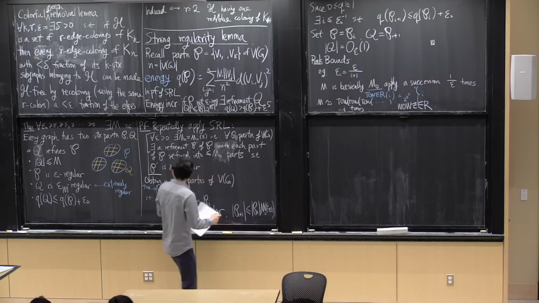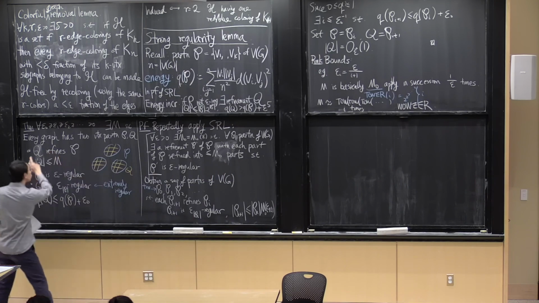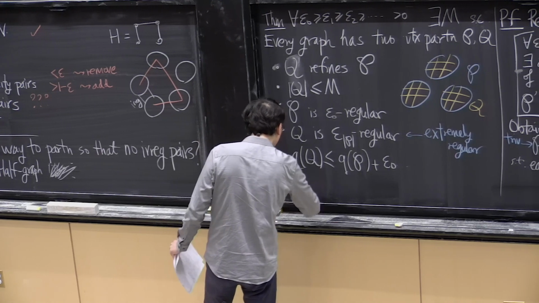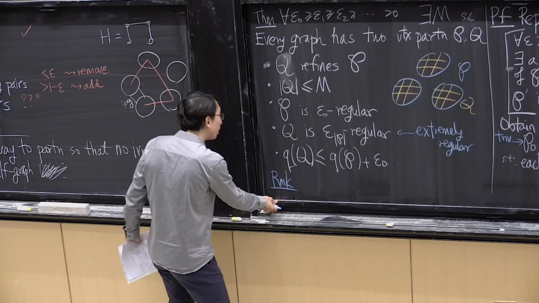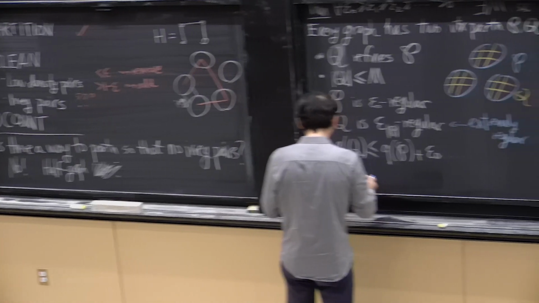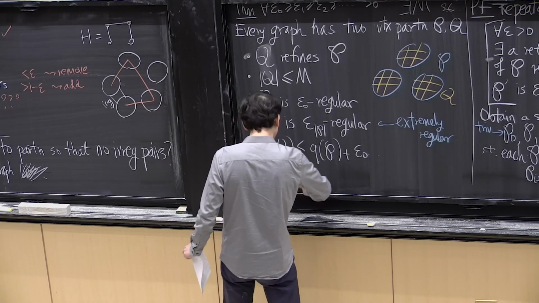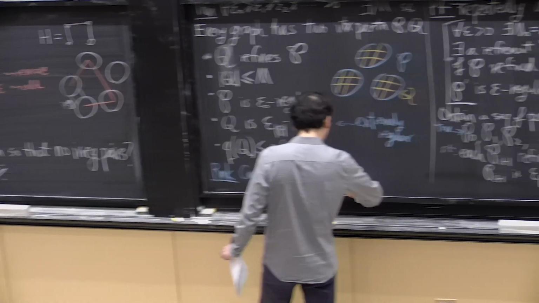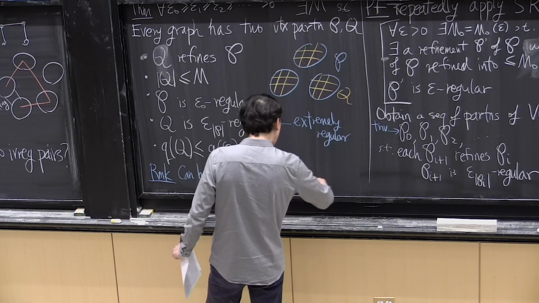Another remark about this strong regularity lemma is that it will be convenient for us, actually somewhat more essential compared to our previous applications, to make the parts equitable. So P and Q equitable.